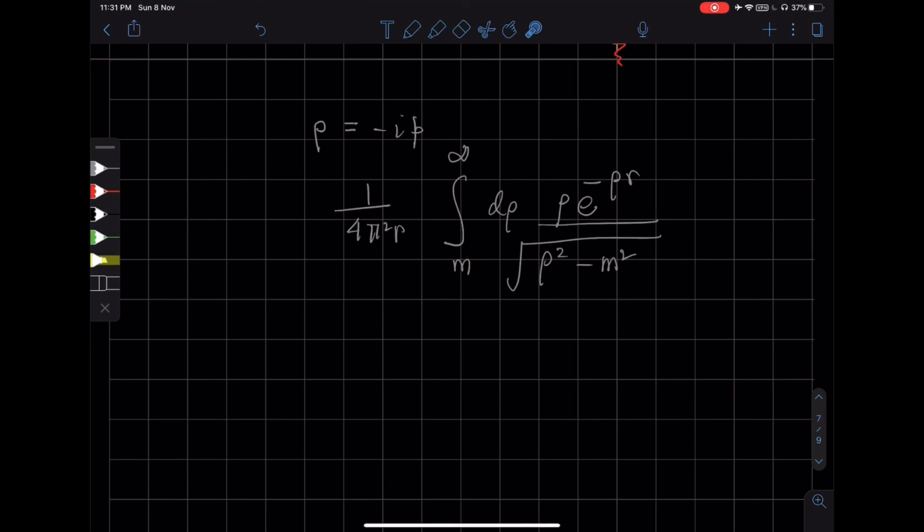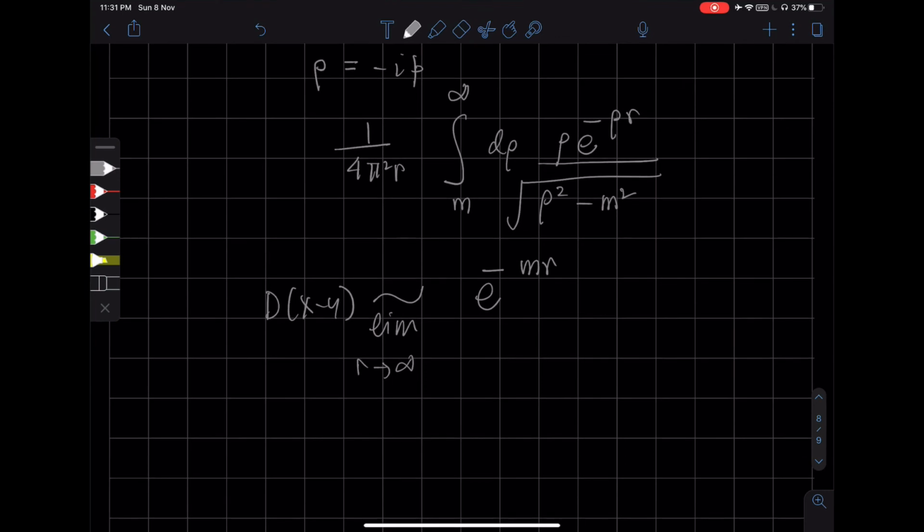So what we can say is that, roughly speaking, the propagator in the limit where r goes to infinity has r dependence given, up to some factor, by e to the power minus m r, which is a decay, but it is not zero. Thus, we see that our attempt at generalizing the non-relativistic or the relativistic propagator to a quantum field theoretic propagator still doesn't work.